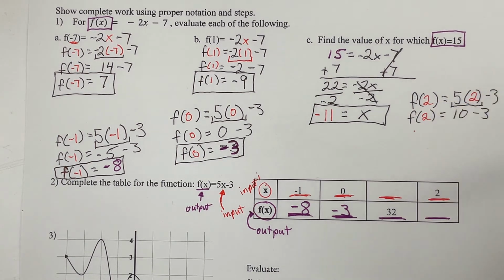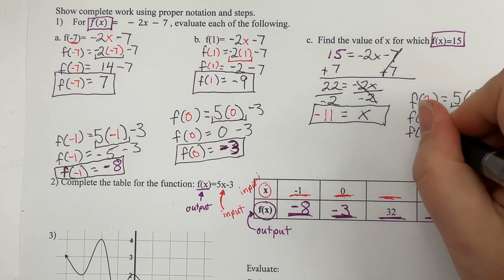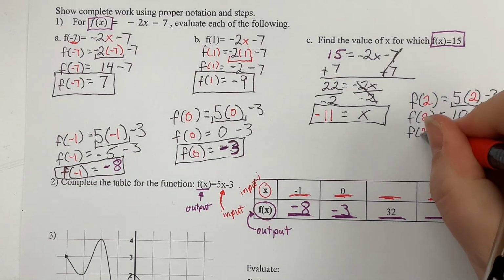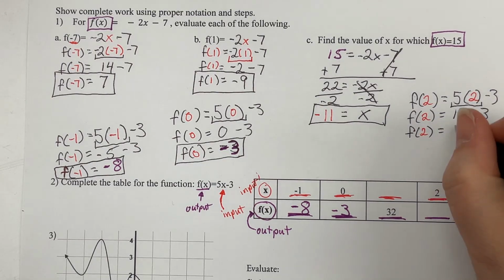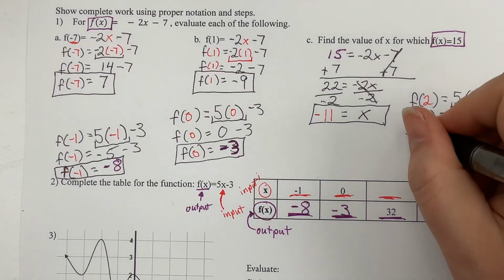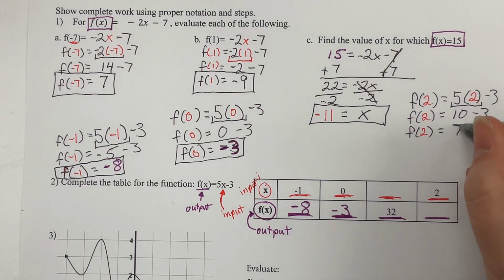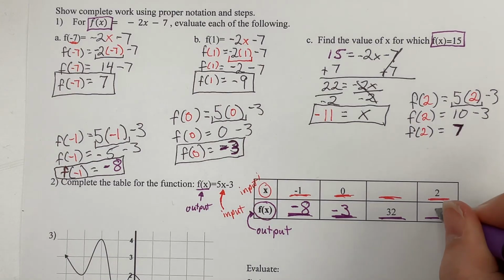F of 2 equals 10 minus 3 is 7. In the wrong color. Our output is 7. So that goes right here.